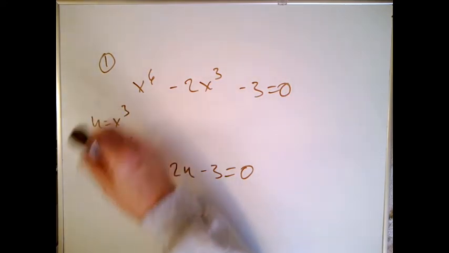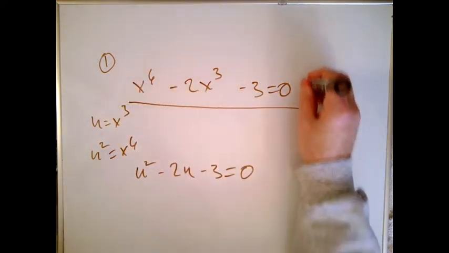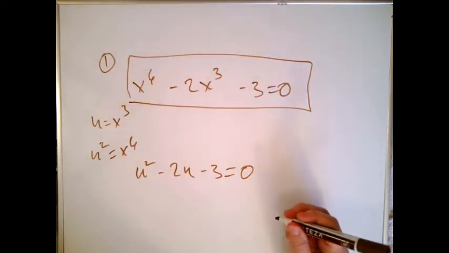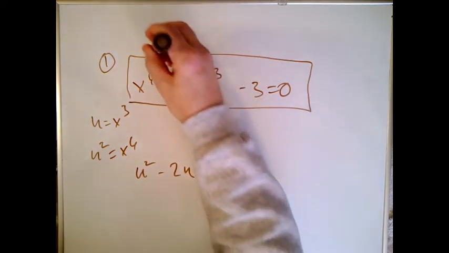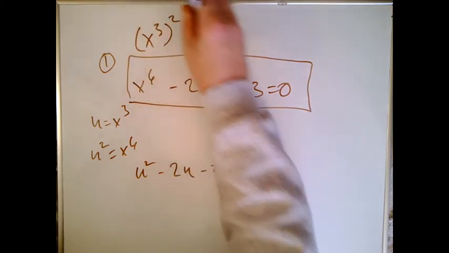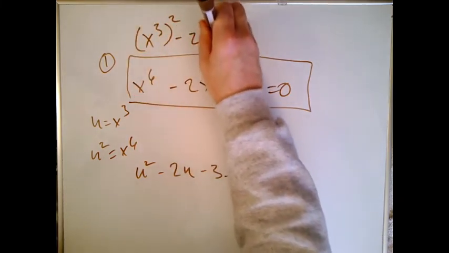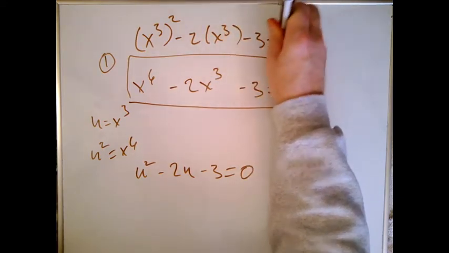Now, this is one way that books actually go about it, saying making a substitution. Other books just say, just rewrite this. Once I realize that x to the 6th is x cubed squared, they'll just write it like this: x cubed squared, and then minus 2x cubed, and then minus 3 equals 0.